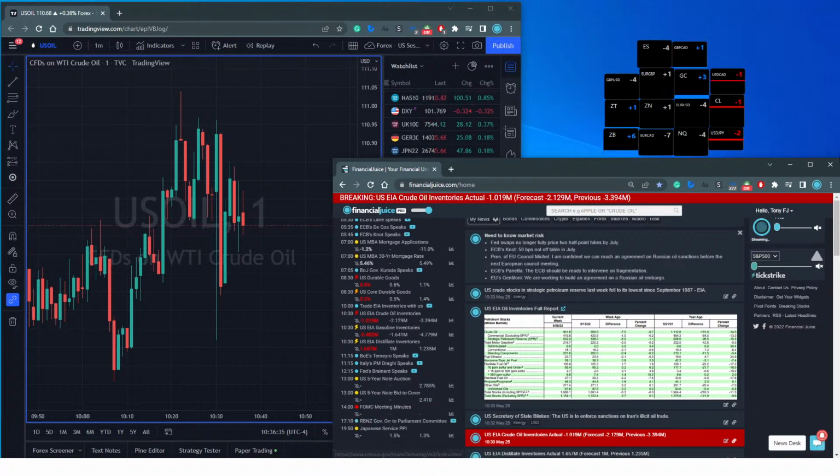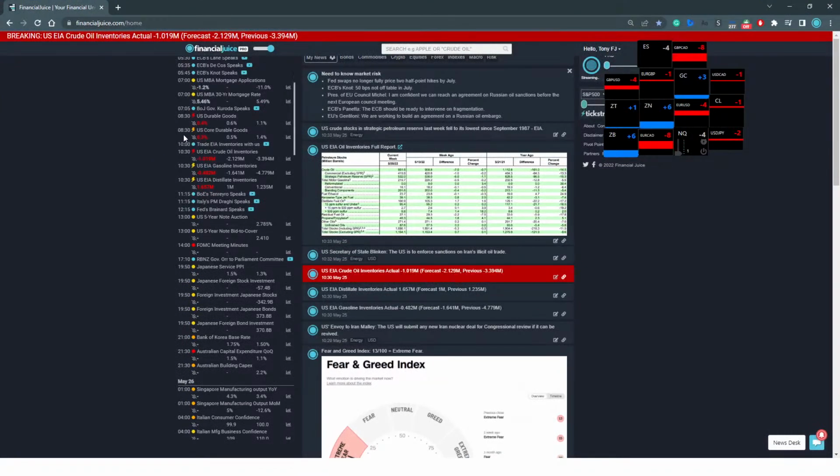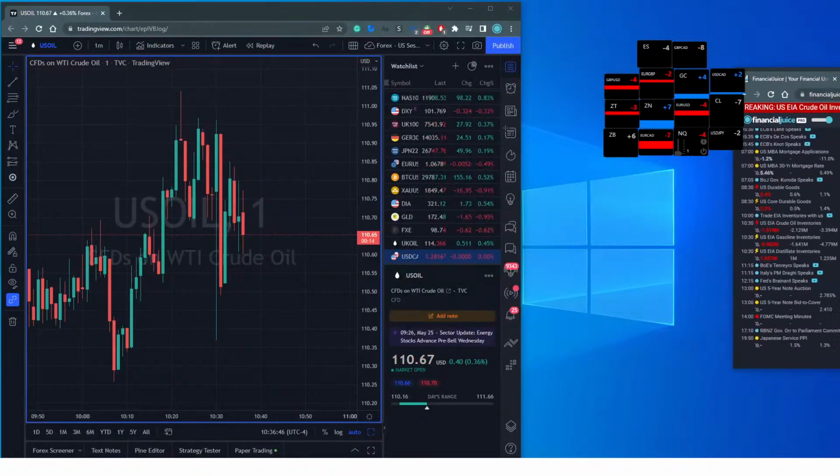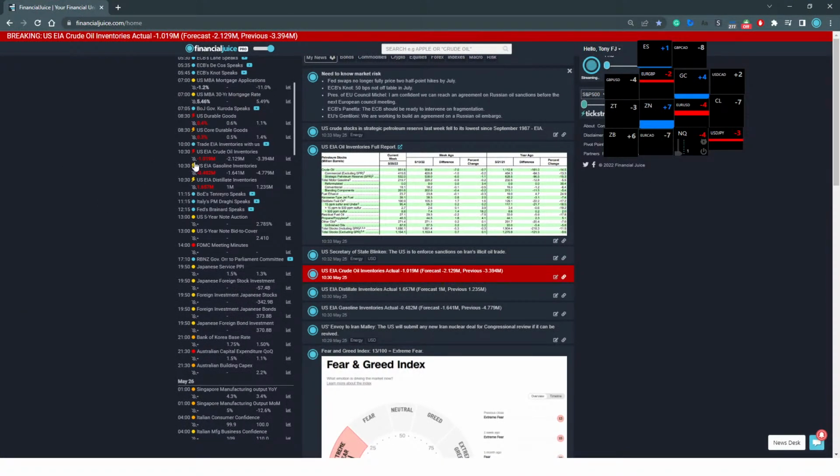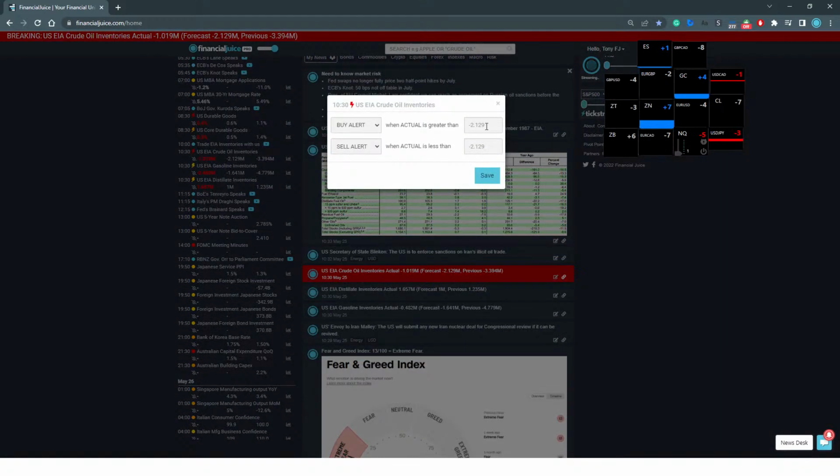For those economic releases, you can also set your triggers. What do I mean by economic release triggers? If we were looking at the triggers for the release today, EIA inventories, let's say I wanted to buy or sell crude oil inventories. Maybe I could set my buy if we had seen a really big draw, let's say minus 3 million, and a sell if we see a big build, let's say 5 million or something to that degree.